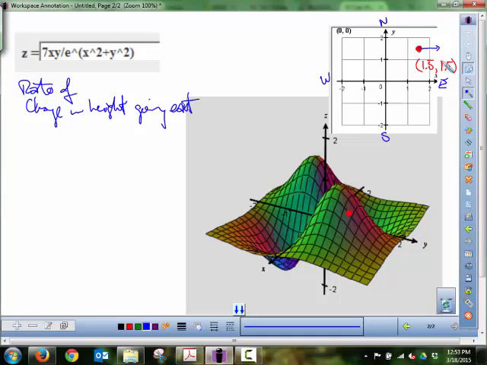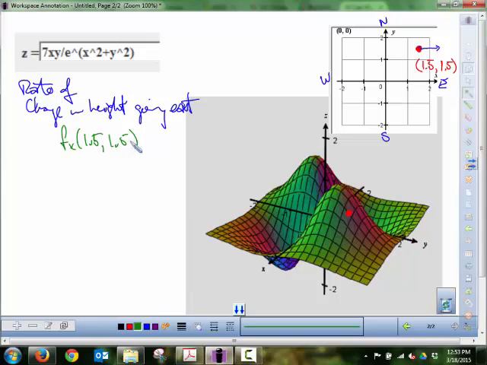You're moving along the x, right? So to answer that question, it would just be the partial derivative with respect to x evaluated at (1.5, 1.5). Okay?